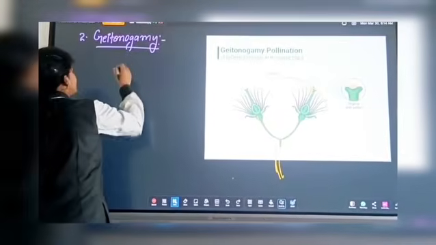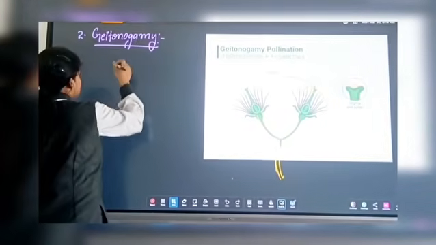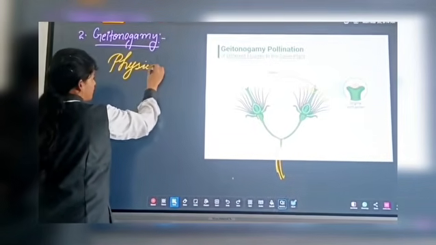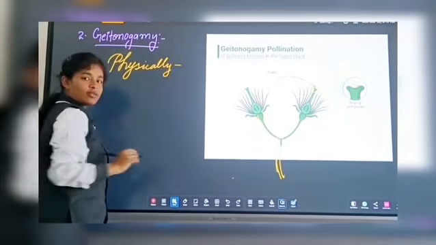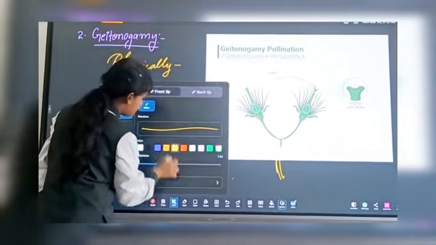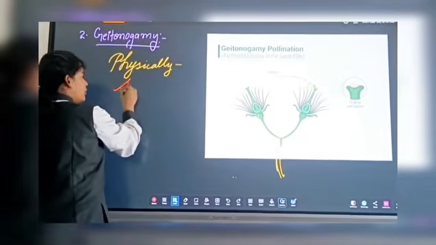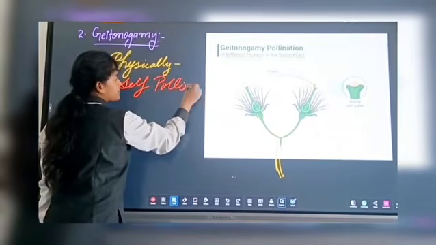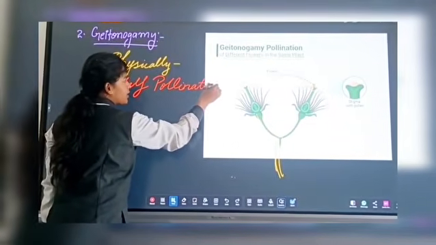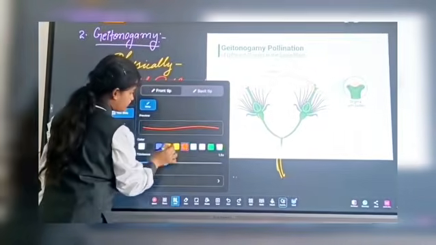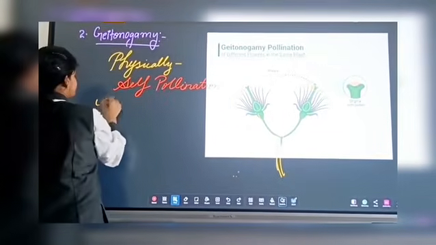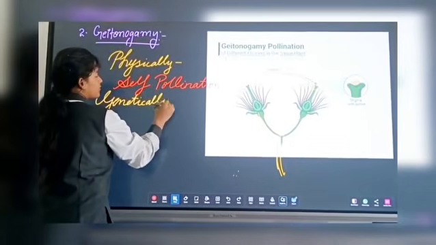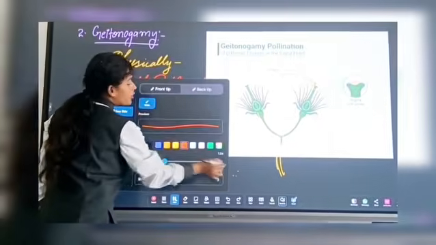Let me tell you one thing that most of us get confused about. Physically, geitonogamy comes under self-pollination, but genetically it comes under cross-pollination.